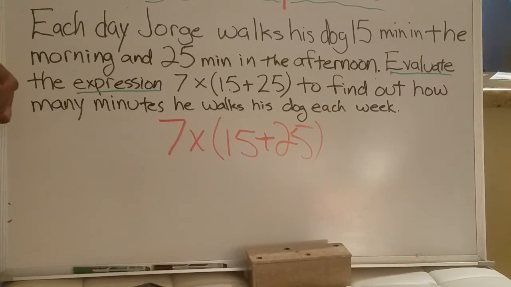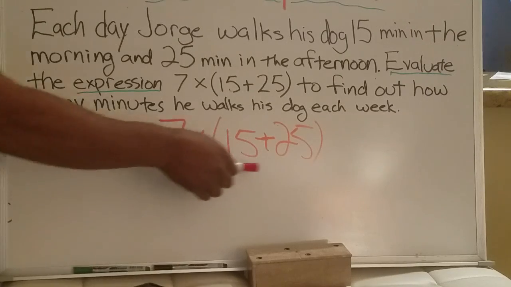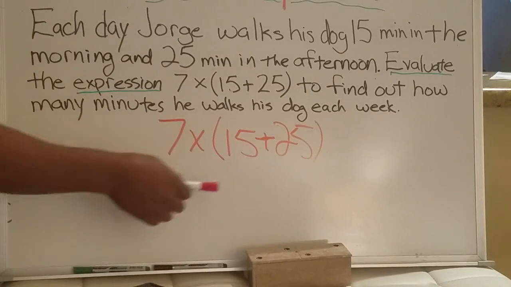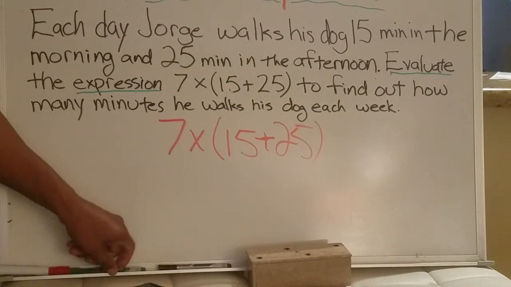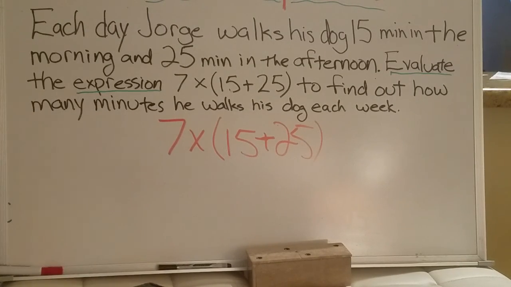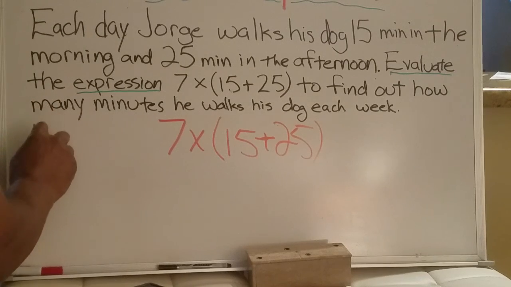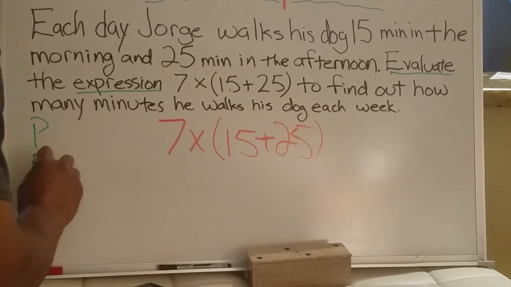So in order to do this problem, we see that it has parentheses, it has addition, it has multiplication. So we're going to put our little reminder over here on the side, PEMDAS.